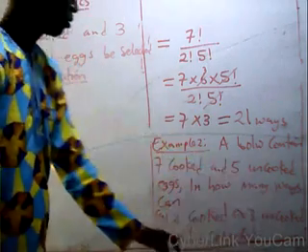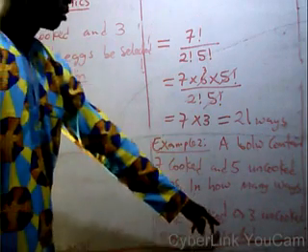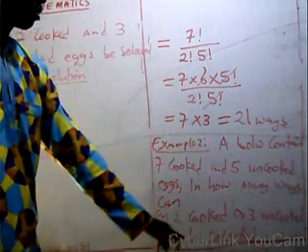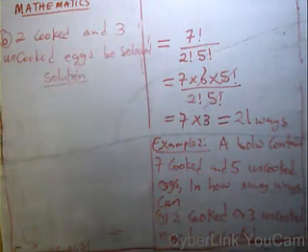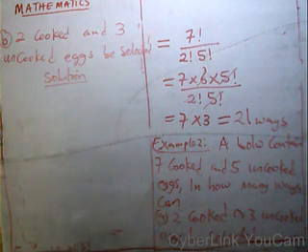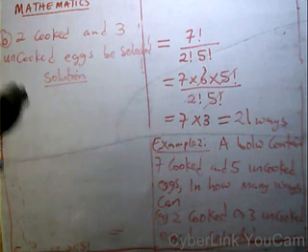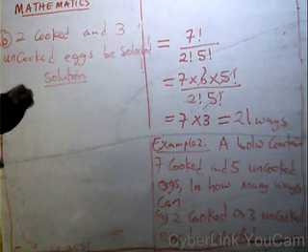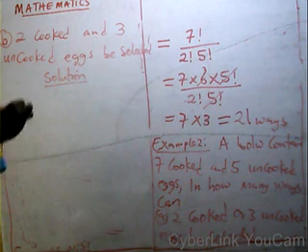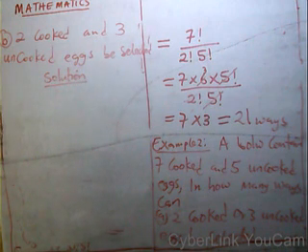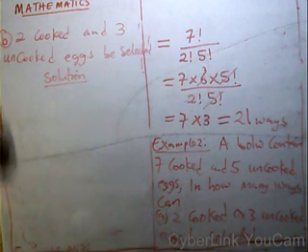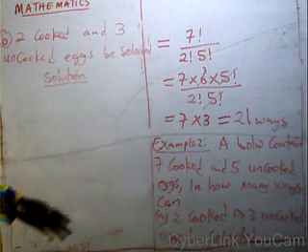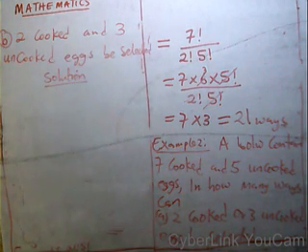Then in how many ways can A, 2 cooked or 3 uncooked eggs be selected? B, 2 cooked and 3 uncooked eggs be selected. Now, the total number of cooked eggs is 7. If you want to select 2 cooked from 7, that is 7 combination 2. If 3 are uncooked, we have 5 that are uncooked, so to select 3 uncooked from 5, that is 5 combination 3. And don't forget, in mathematics, or simply means addition.